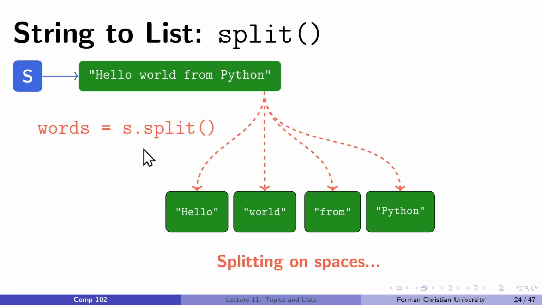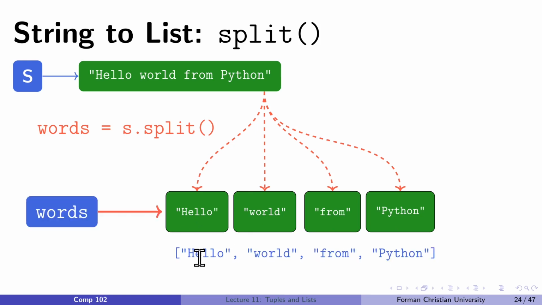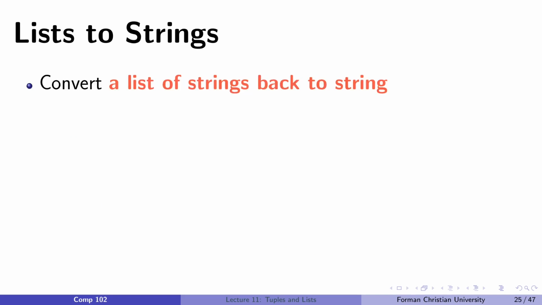So you see these arrows, each word gets pulled into its own box: hello, world, from, Python. So the result is going to be another list with these words as individual items of that list. So this list is going to contain 4 items with these 4 words as strings. Now the spaces did completely disappear. They were just separators.